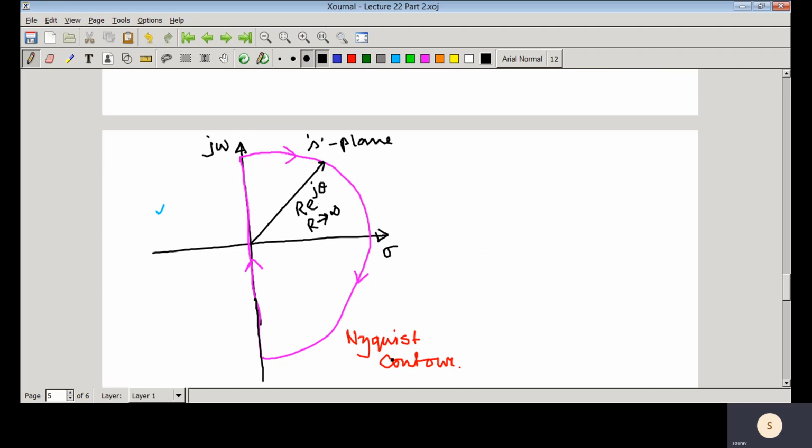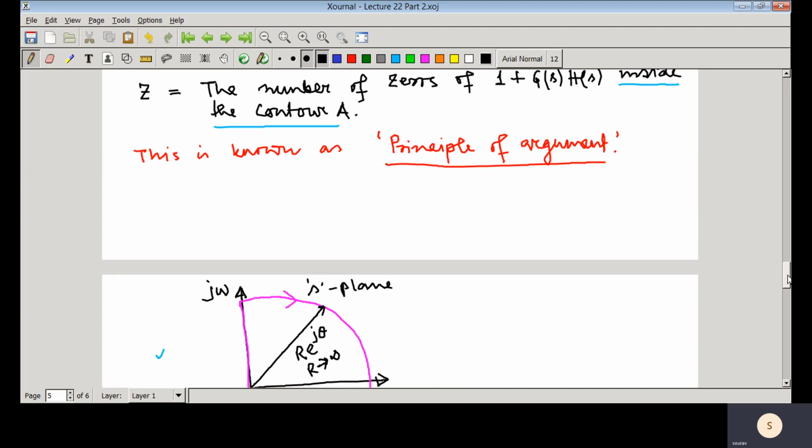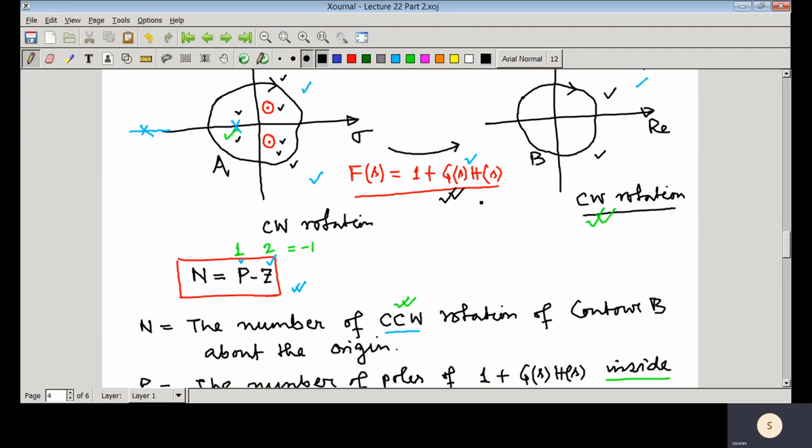So that means it is taking the whole closed right half of the S plane. Now if we take that Nyquist contour, the point is whether this contour encircles any zeros of 1 plus g of s h of s, yes or no.